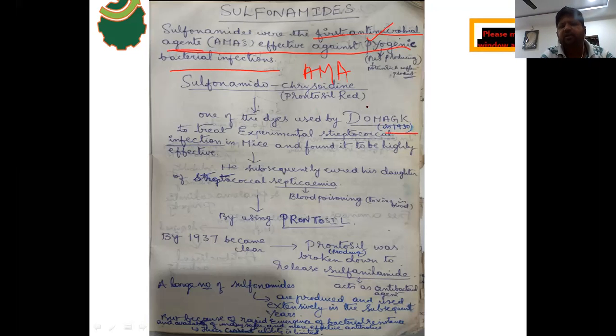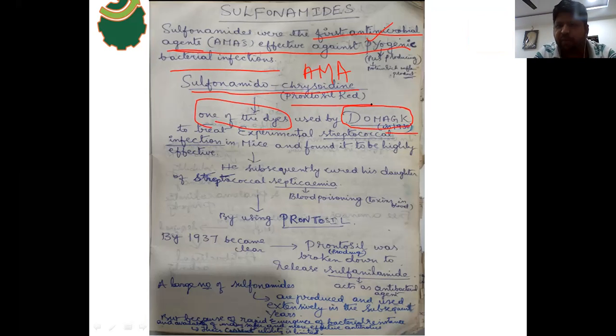In 1930, a scientist by the name Domagk, D-O-M-A-G, invented a dye called sulfonamidochrysoidine, or prontosil red.